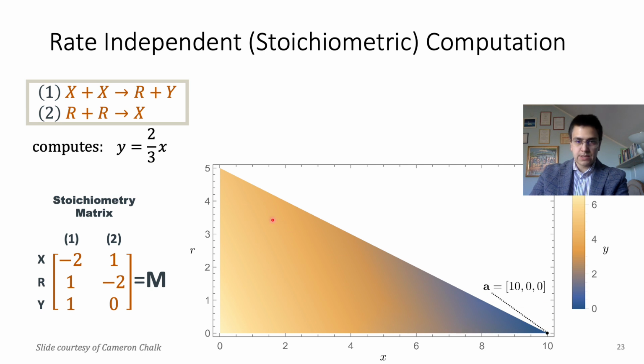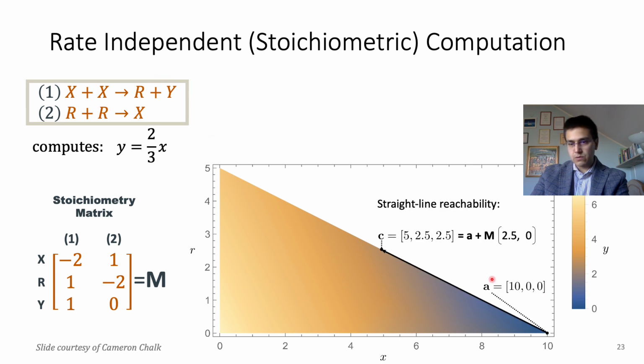So now let's look at the state space, where a state is defined by quantities of different molecules. Like state A has, actually, concentration X of 10, while R and Y are equal to 0. Now by multiplying the stoichiometry matrix by a vector and adding it to this state, we can see what states we can end up in using this CRN starting from this state.